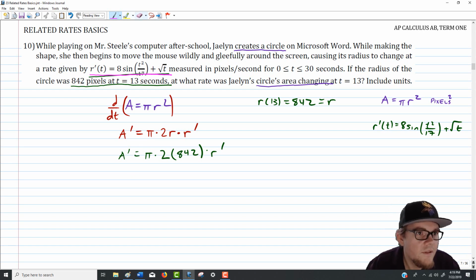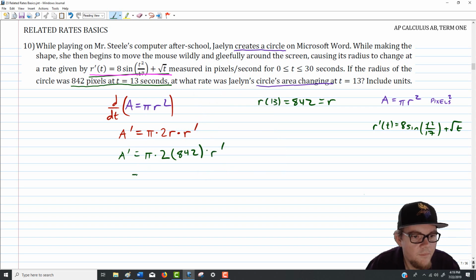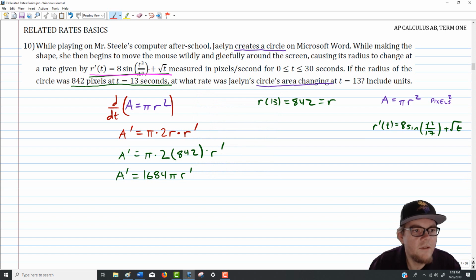And the reason that's relevant, I'll use it in just a moment. Just get one more line here. So just simplifying a little bit, I'm going to have 1684 pi r prime equals A prime. So just to make sure that we're all here, let's take a look at this last little piece.